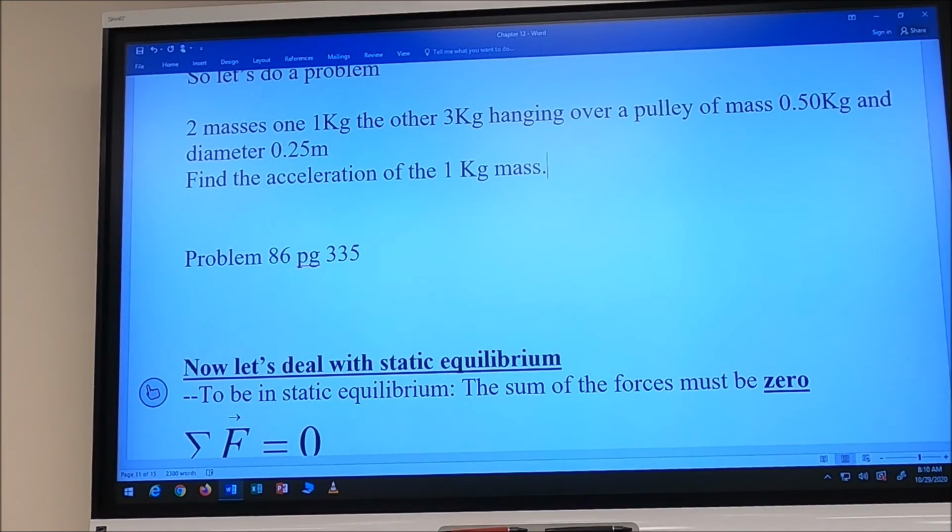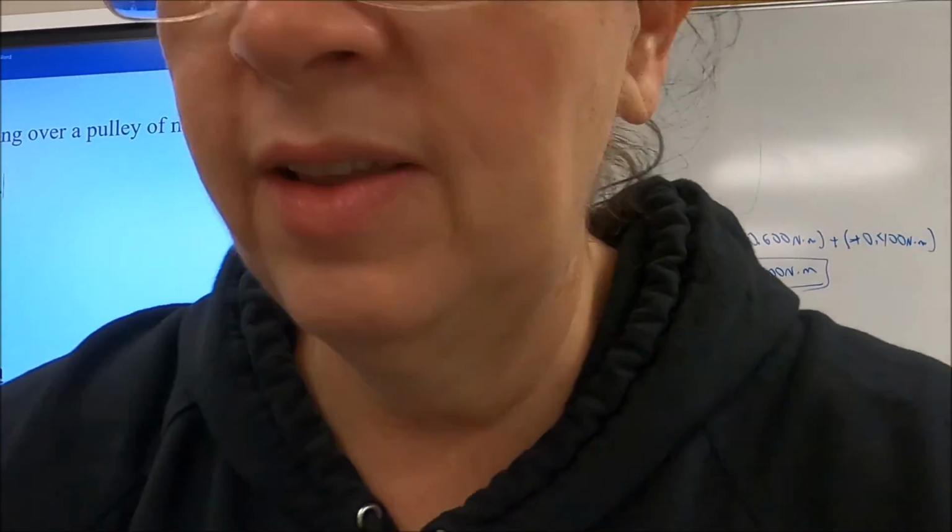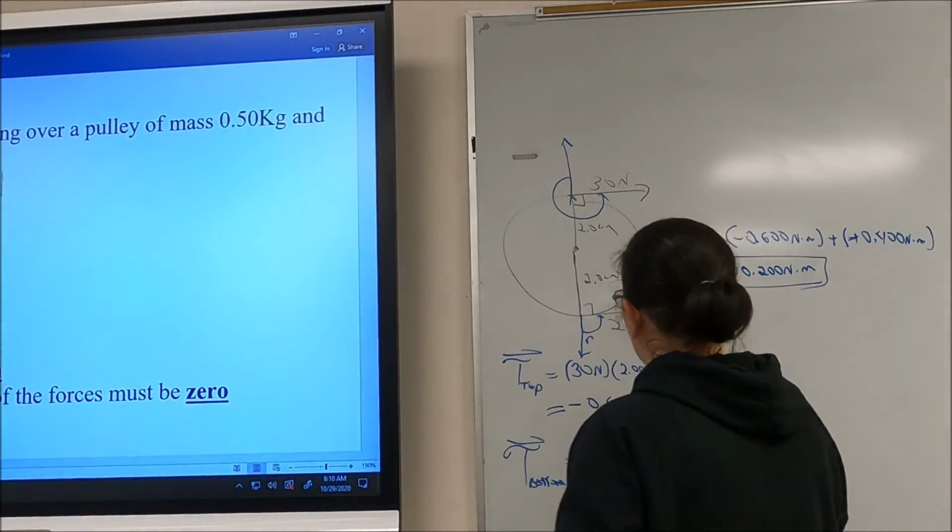Okay, so let's draw a picture. Pictures are very important in the world of physics. They help us visualize what we're doing.